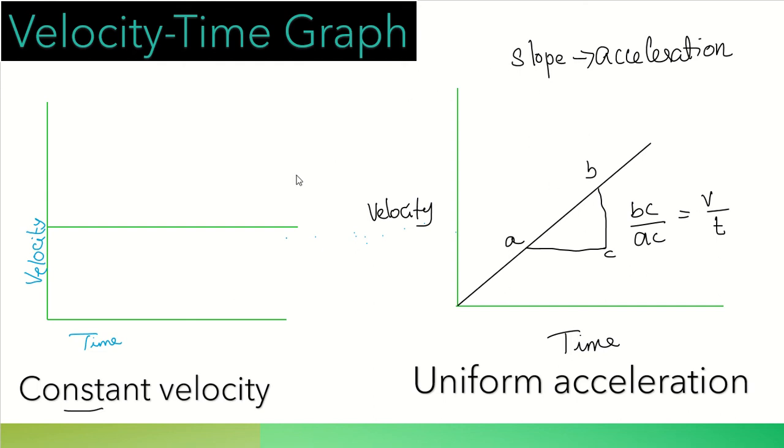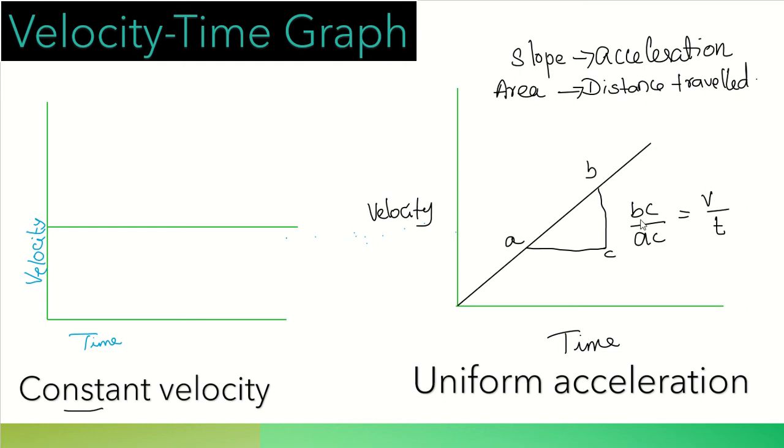One more thing we can find out from this velocity time graph is the area of the graph. The area under the graph will give you the distance traveled by the body. So how does the area under this graph give you the distance covered by the body?